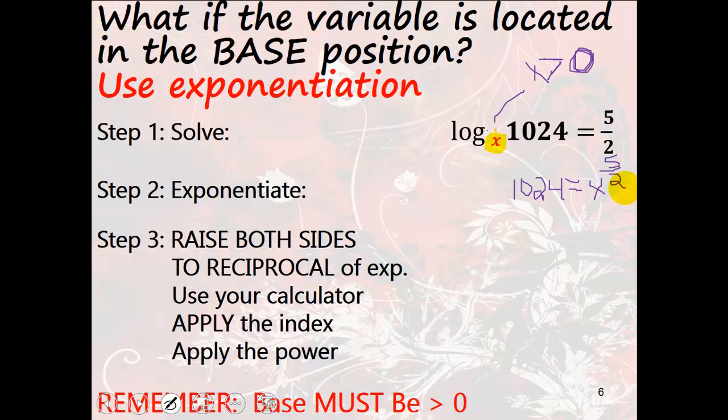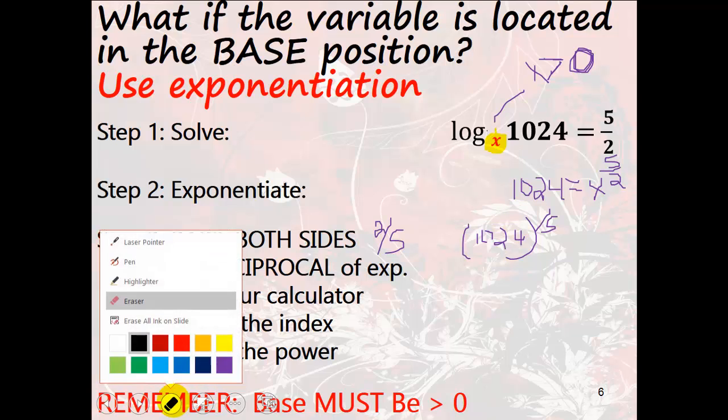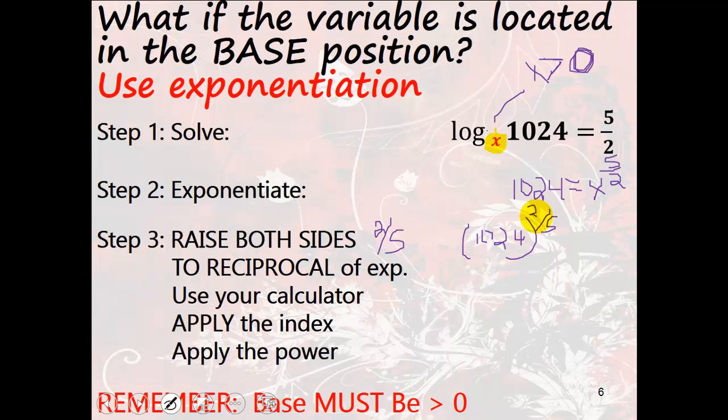So I'm going to apply 2/5 to both sides. So I have 1024 to the 2/5 is going to equal x to the 5/2 times 2/5. And these are going to cancel out, and that way I'm going to get x all by itself.